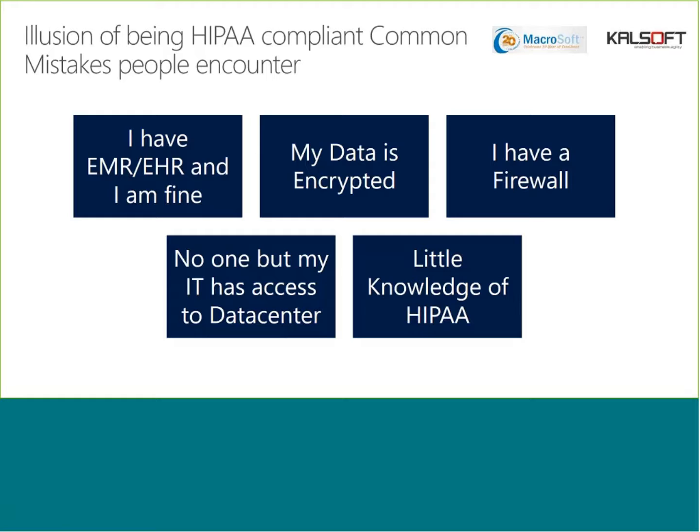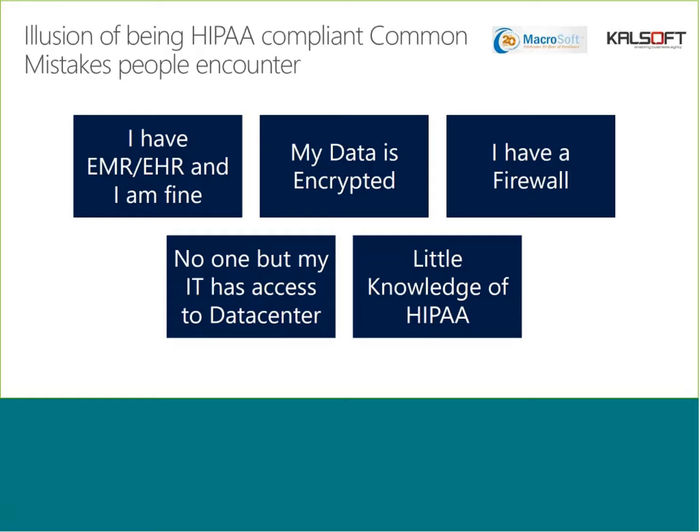So data travels between systems, data travels between different types of devices, now even mobile devices, and this is one of the biggest examples that I give. I have seen a company which has an electronic medical record system which was HIPAA compliant.